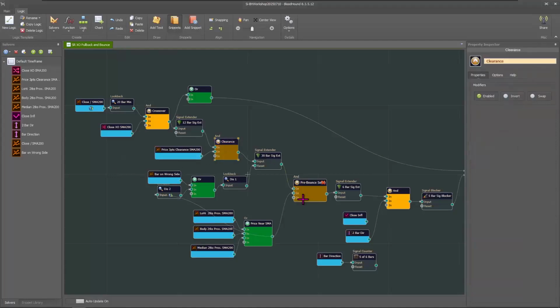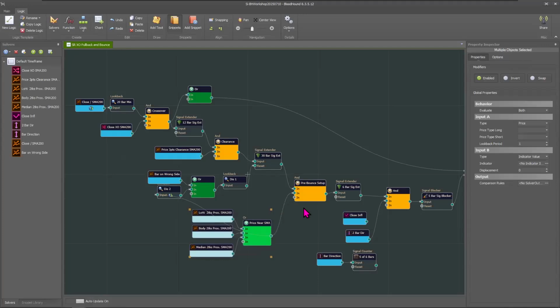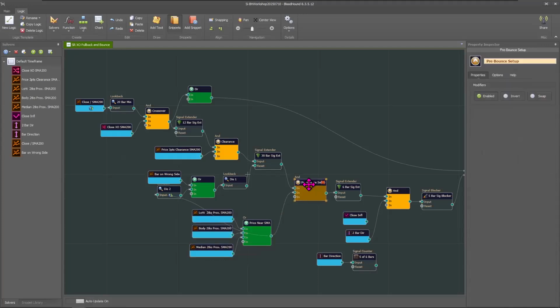So we got the minimum clearance, and then we basically have the pre-bounce, or price being near your support resistance level. So these guys are identifying where price is near it, which really is what this AND node is.